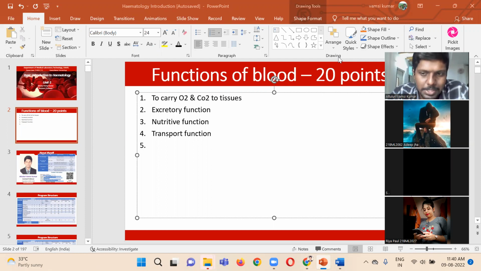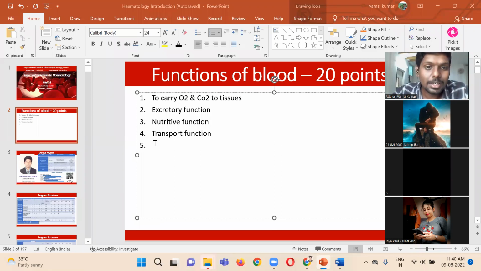Am I audible? Are you listening, students, by the way? Yes, students. Yes, other than transport function, any other functions of blood?